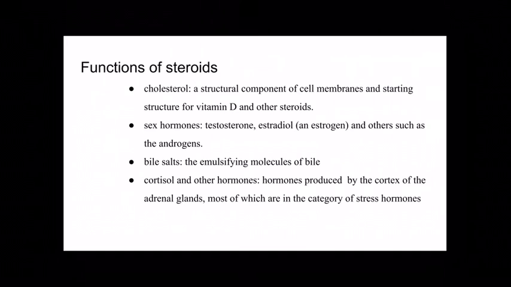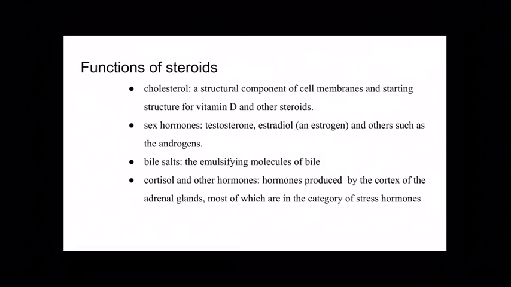And so here are some categories of hormones and functions within those categories. So cholesterol is a single molecule. It's not a category, but it's a single molecule that's a starting point of a whole bunch of different things in the body. Vitamin D is one example, but a whole lot of our hormones have cholesterol as a starting point for them.